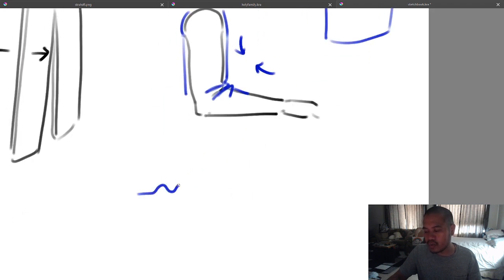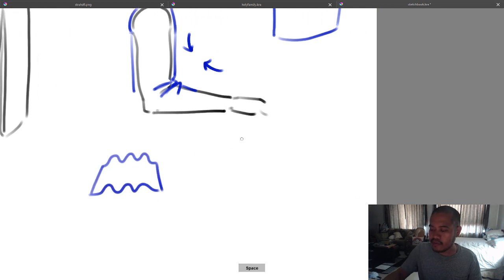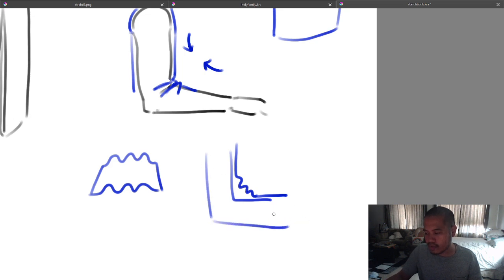So just like with the cloth that we drew earlier, if it's a surface that's bending this way, then the cloth would be bunched up like that. There's my elbow, like that.